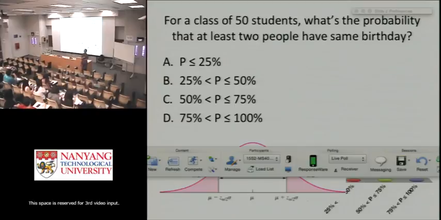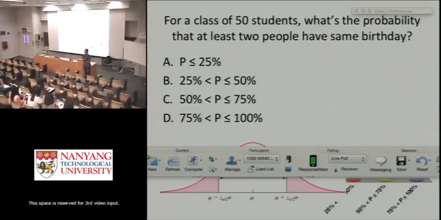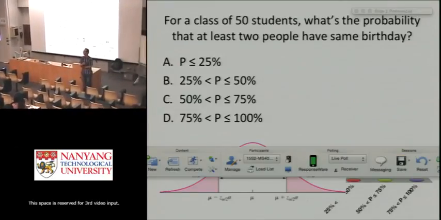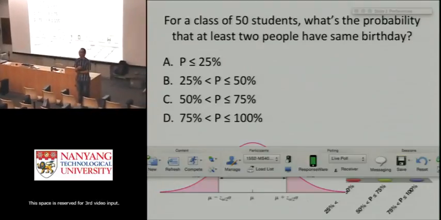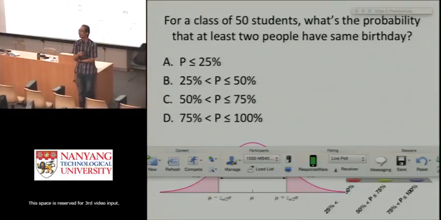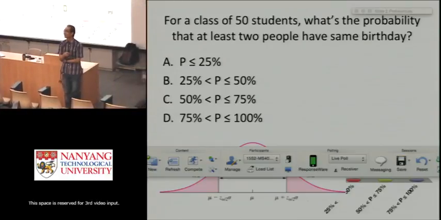Don't be shy. I cannot memorize everyone. How many people choose A? Now it becomes 7. How many people choose B? 1. How many people choose C? Nobody. How many people choose D? 1, 2, 3. Okay, the majority chose A, right?